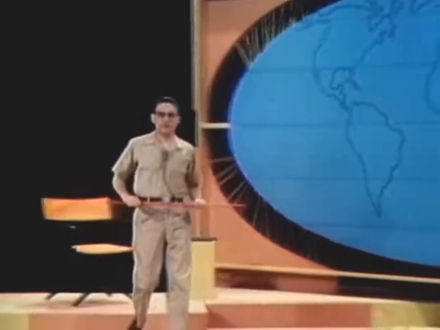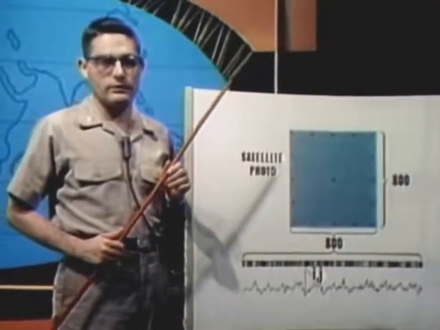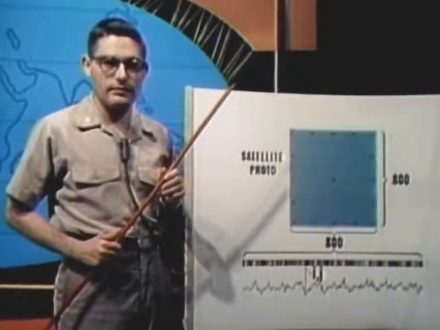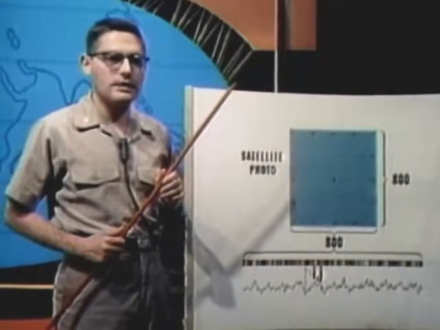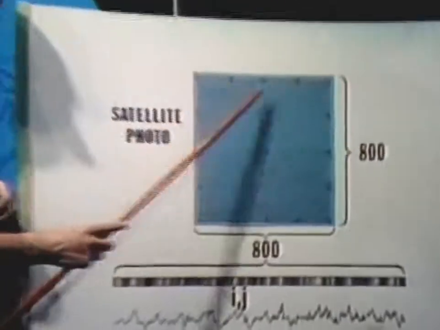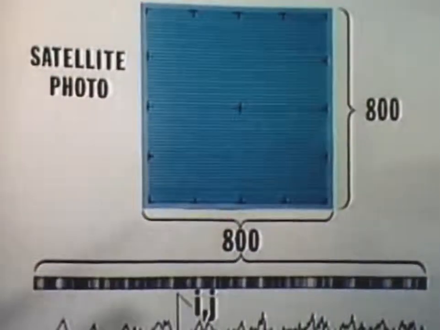Now we have a special type of picture to show you, a picture we call a digitized product. AVCS pictures are similar to television pictures, as are all of our satellite pictures. In an AVCS picture, we have approximately 800 raster or scan lines.